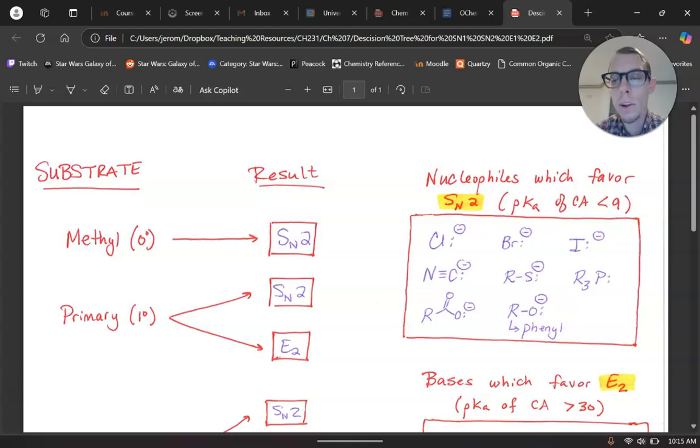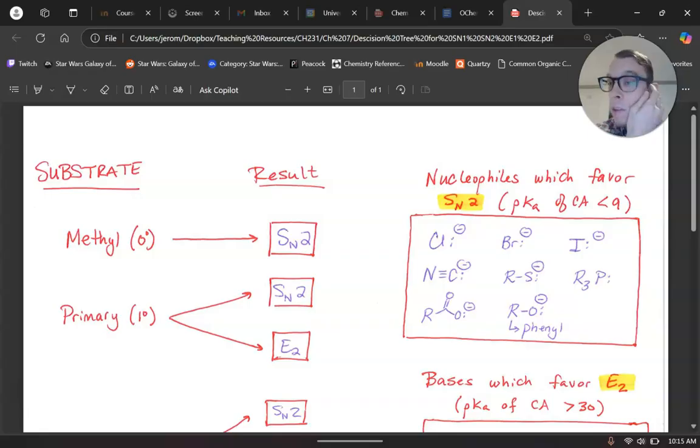Chloride, bromide, iodide, cyano, sulfur compounds, phosphorus compounds. If you have a phenyl that has an oxygen off it, that's going to look like a deprotonated phenol. Those can be good nucleophiles for SN2, as well as your deprotonated carboxylic acid, like acetate.